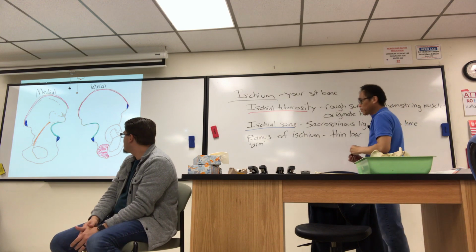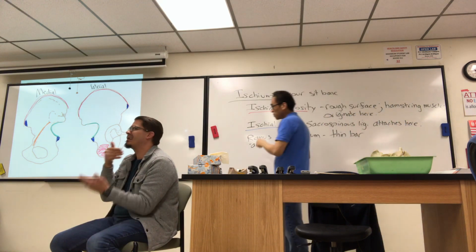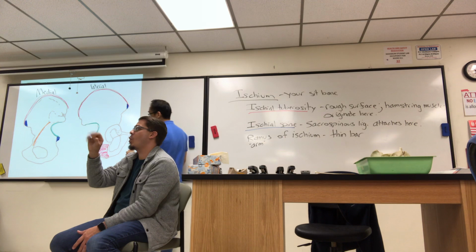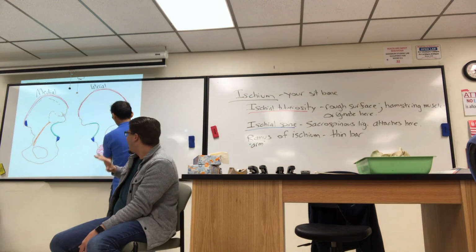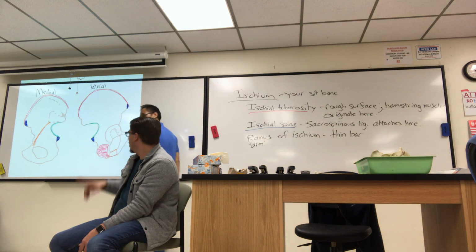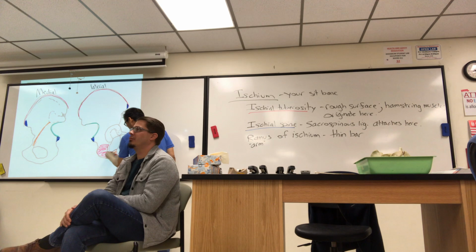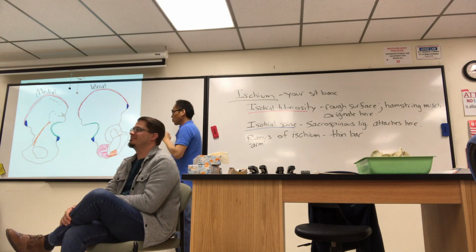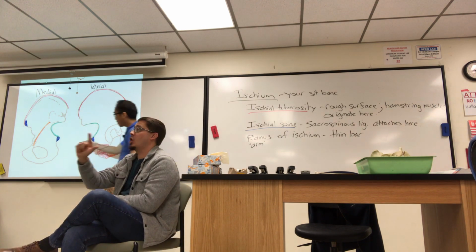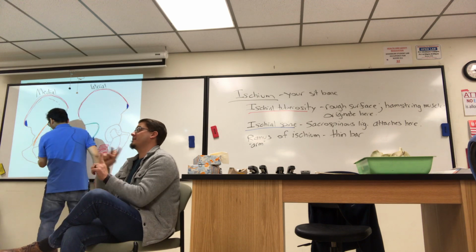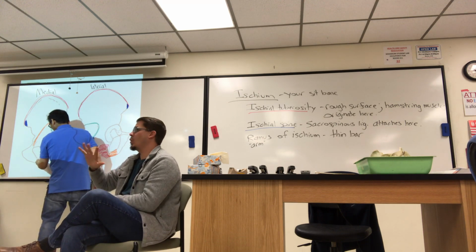It's bordering the obturator foramen. So basically, I'm going to say it's roughly here. Okay, it's where I'd put the tape for ischial ramus on that view. On this view, I'm going to say it's approximately right there.